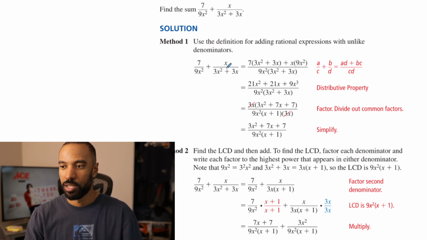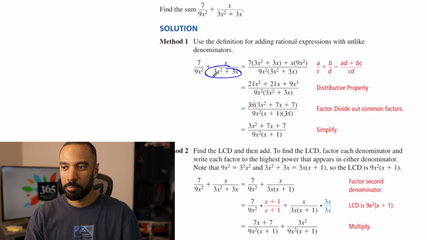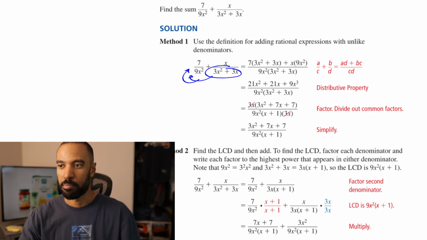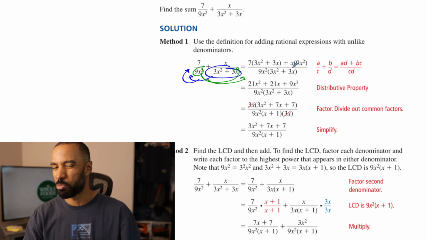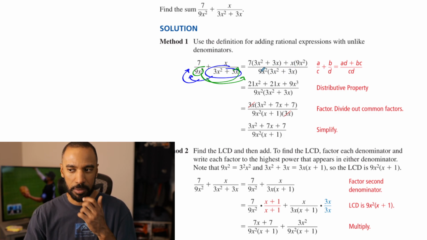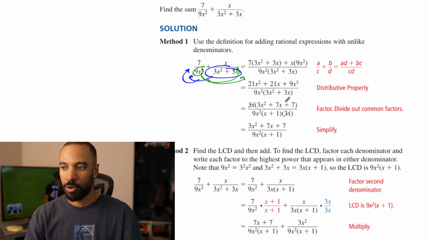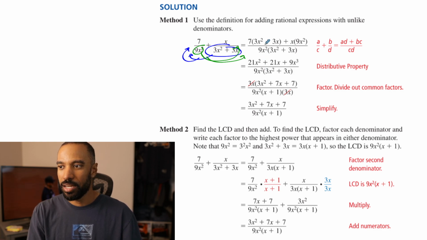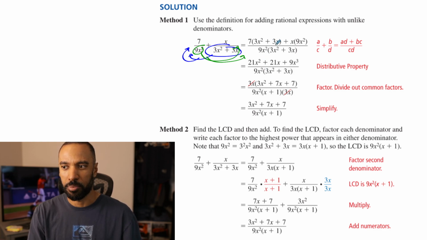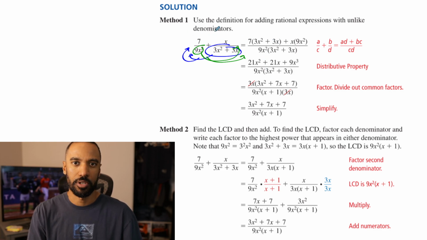Method 1 says multiply top and bottom of this quantity, multiply top and bottom of that by the other denominator, and multiply 9x squared to top and bottom over here. And then you have a common denominator. The thing is, though, there's probably some sort of common factor on top and bottom that can then cancel, that we would have noted to begin with, which is a 3x apparently. So I don't know. It turns into what you see. I'm not going to bother myself too much with method 1. I want to speak more on method 2.